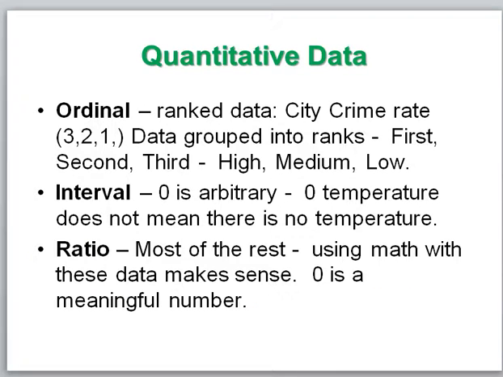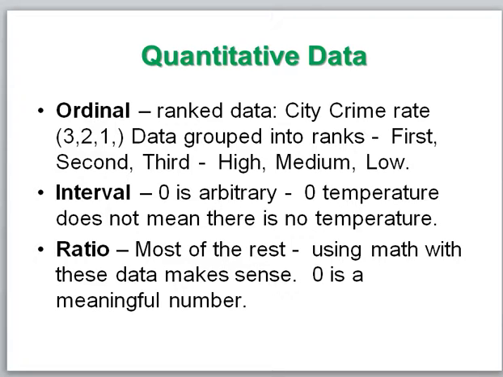The 3 levels of measurement for quantitative data are ordinal, interval, and ratio. And sometimes ordinal data will be listed under categorical data, and we can talk about that. But for mapping purposes, in order to choose the best color scheme, we're going to put them in the quantitative data group.